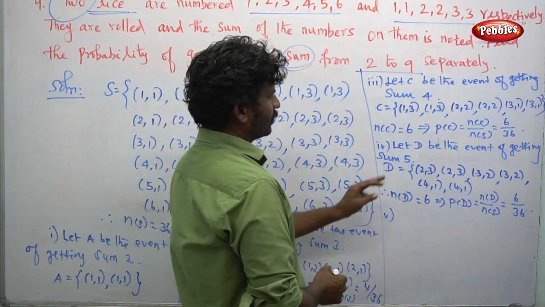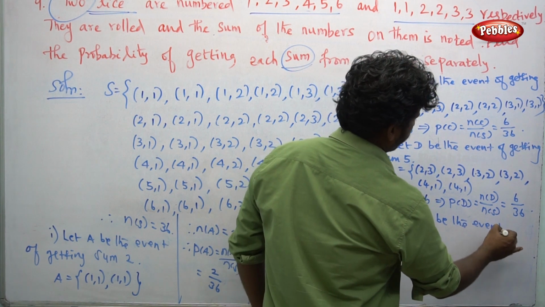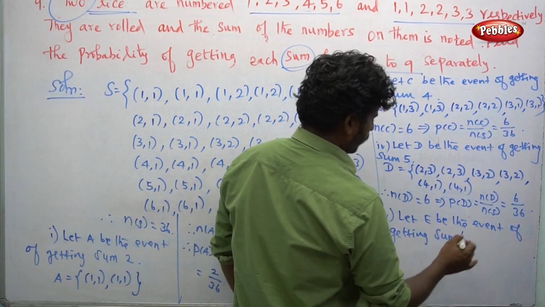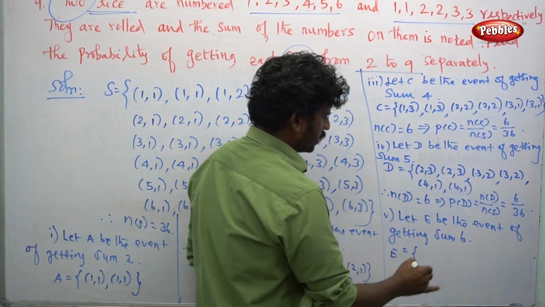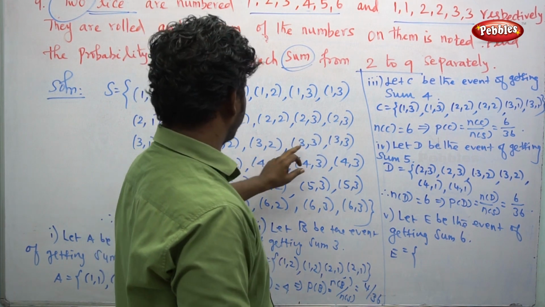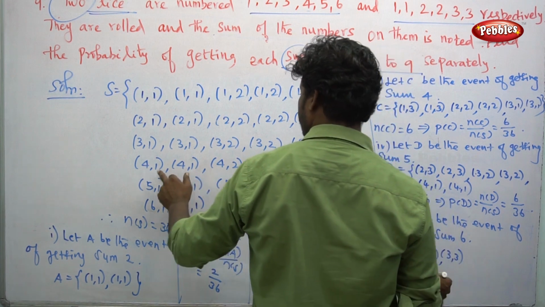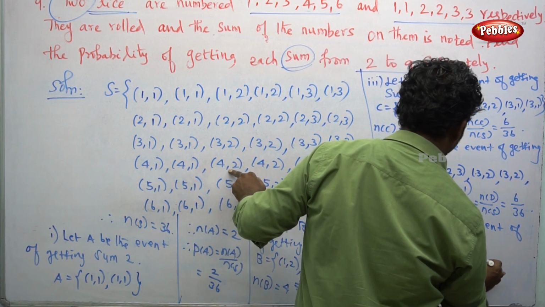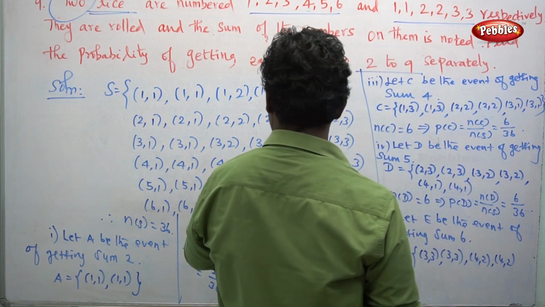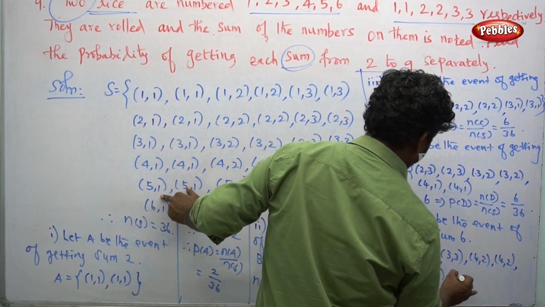Next அடுத்து sum 6 பார்க்குறோம். Let capital E be the event of getting sum 6, right. அப்போ the set E is equal to sum 6 வர மாதிரி பார்க்குறோம். ஃபர்ஸ்ட் ரோவில் எதுவும் வராது, செகண்ட் ரோவிலேயும் வராது, 2 5 வரைக்கும் தான் இருக்குது. தேர்ட் ரோவில் 3, 3 பாருங்கள் 3, 3 மறுபடியும் 3, 3 then 6 வர மாதிரி 4, 2 then 4, 2. ரைட். ஸோ அவ்வளோதான். தென் 5, 1 6 வரும் இல்லையா, 5, 1 again 5, 1.